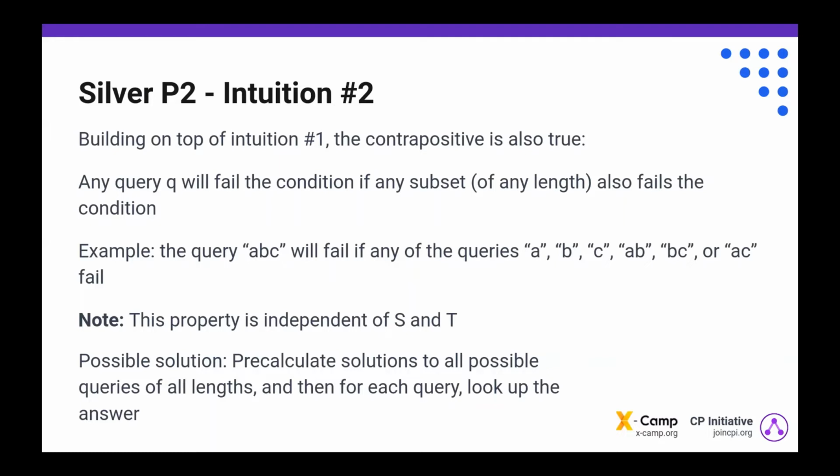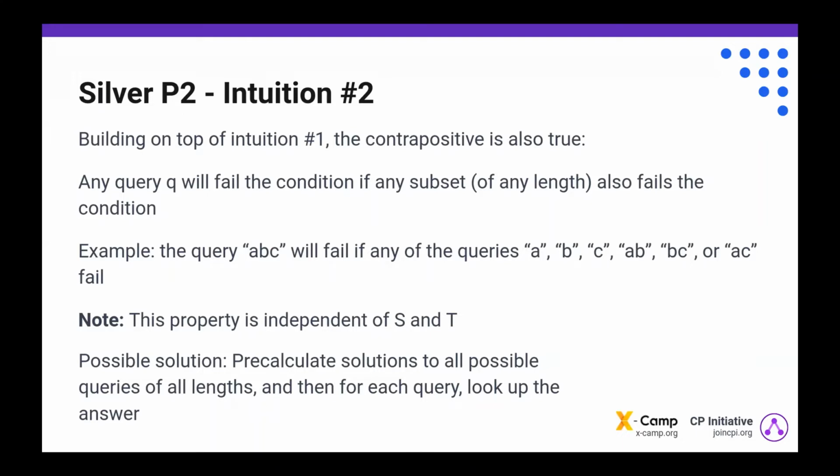Right? So basically this means that if any of the subsets of a Q fails, then the entire Q fails. Note again, this property is independent of S and T. So from just these two intuitions, we can generate a possible solution.